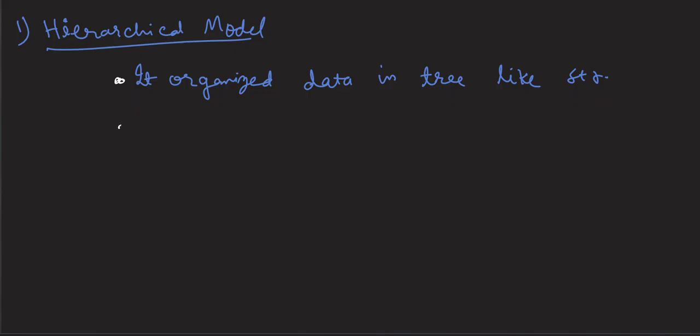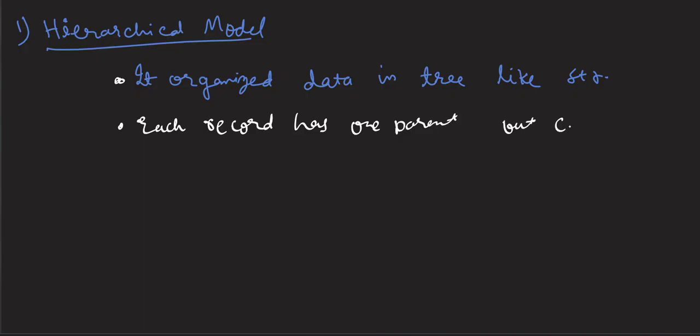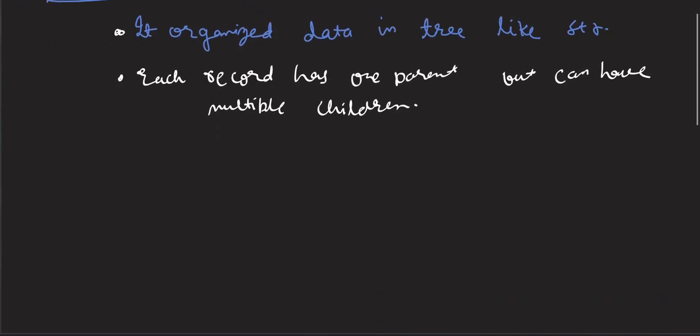And the second point is each record has one parent but can have multiple children. For example, take a university.